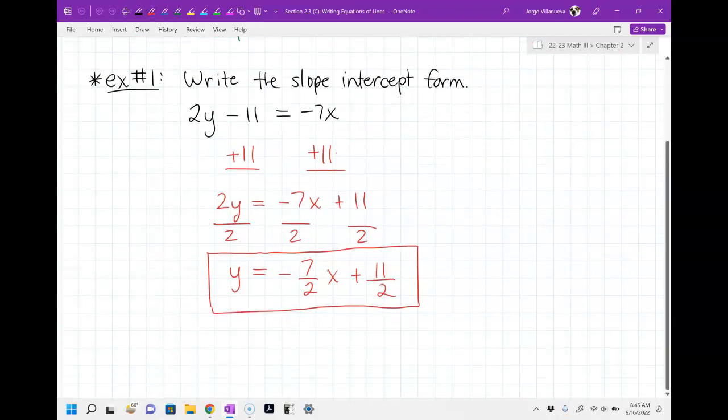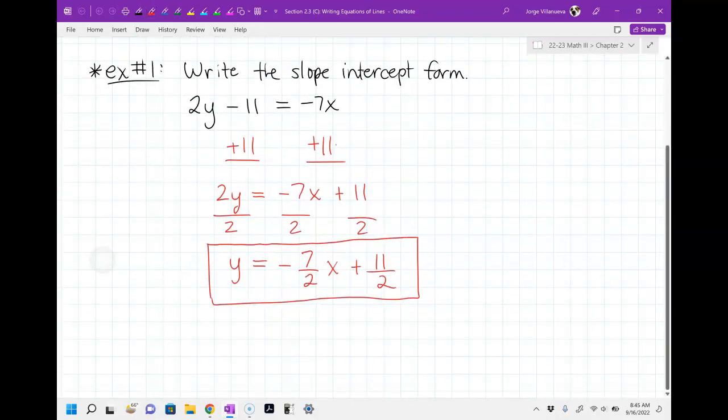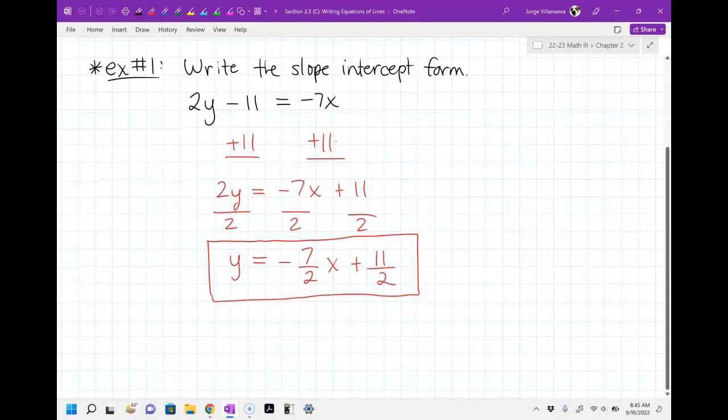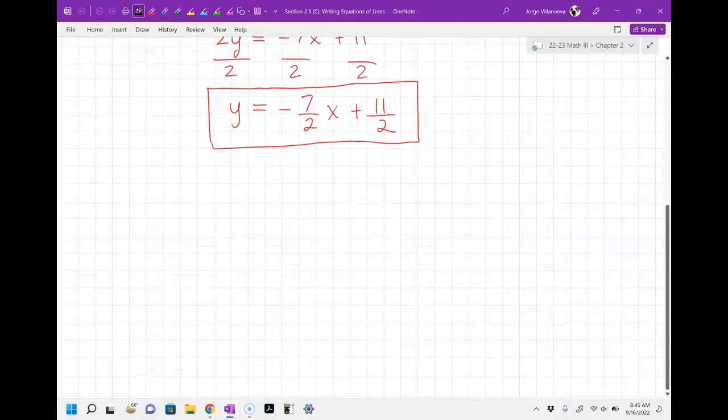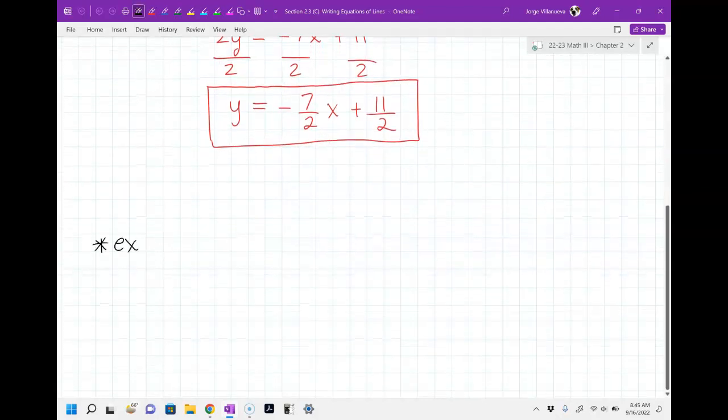Now, the next 2 questions in your homework are going to be the following type. So let me write this out here. Example number 2.